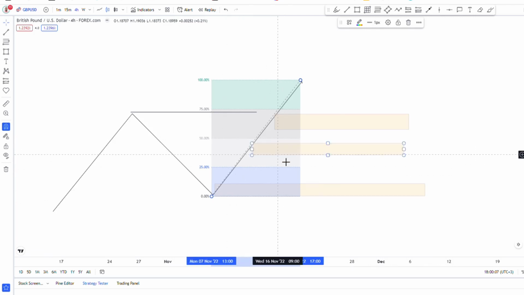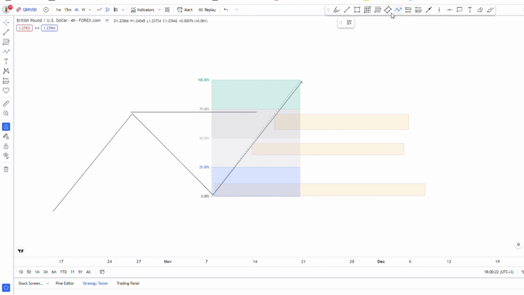Anywhere below 50% is also a discounted price zone, but the price zone above is a premium price zone. Now when we are looking to take a buy, we want to buy from a discounted price zone. You only buy when the price is lowest. Therefore we expect a retracement into this zone here and a sell-off, or into that zone and a sell-off.